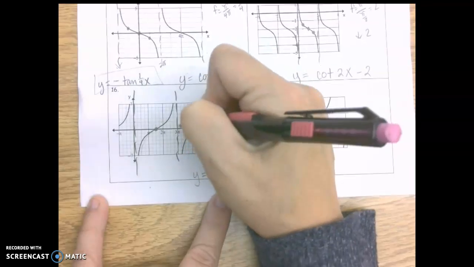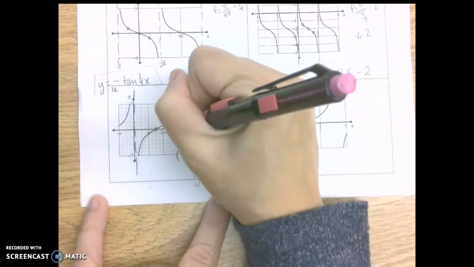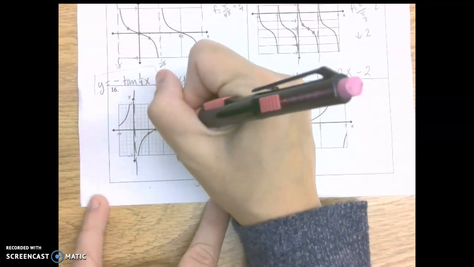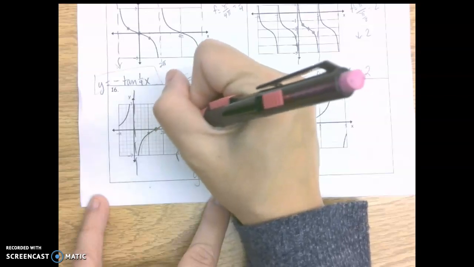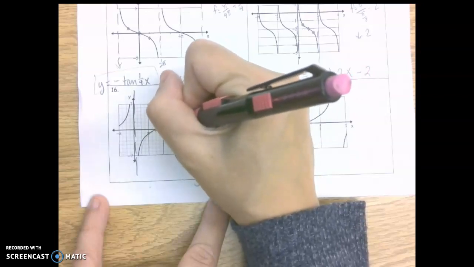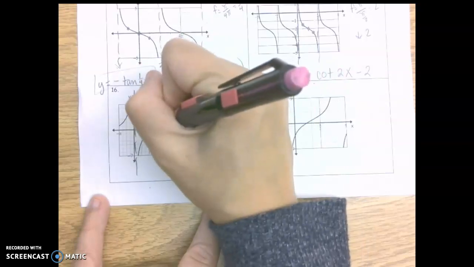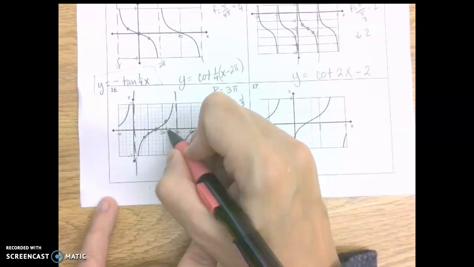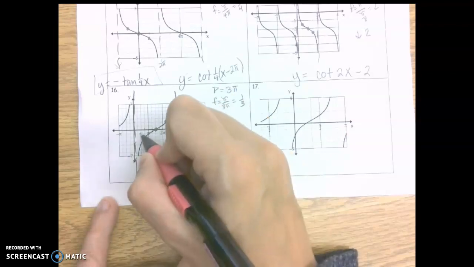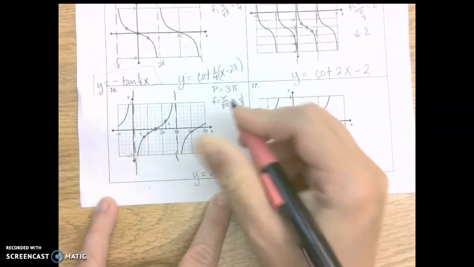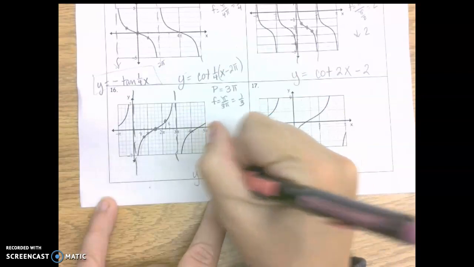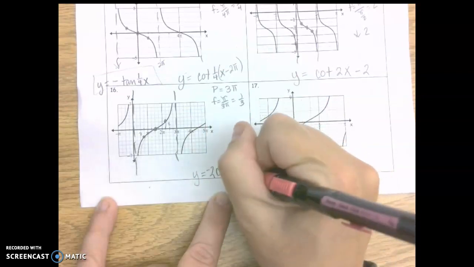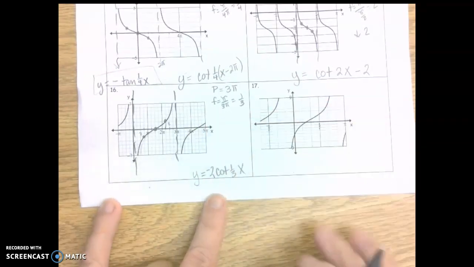I've got to find my quarter periods. So let's see here, that's the half. So at 3. And that would be a 2 and a 2. So 2 negative cotangent 1/3 x.